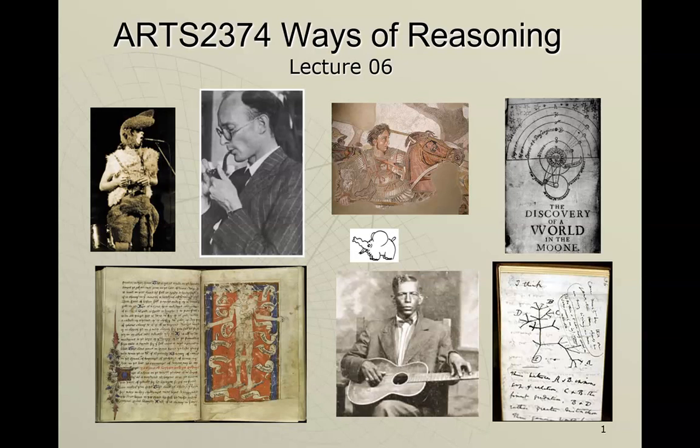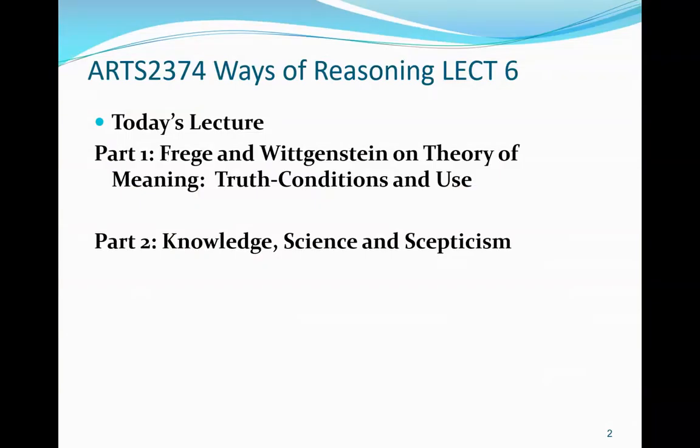And today we're going to be talking about a whole bunch of topics that are also connected to what we've done. We'll be talking about Frege and Wittgenstein on meaning and the idea of truth conditions and the way the uses we make of bits of language constitute their meaning.